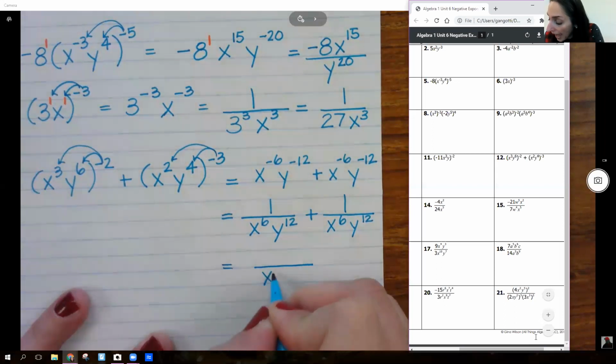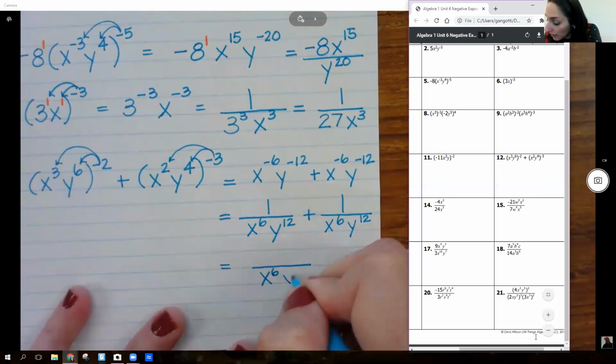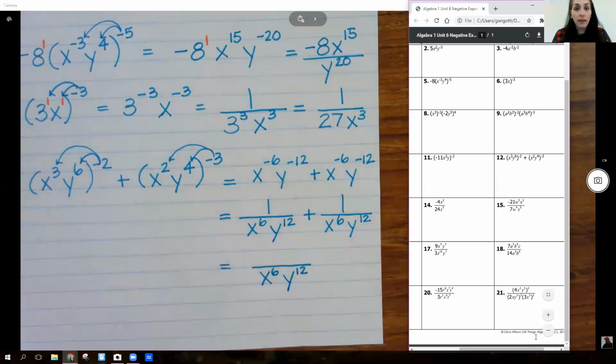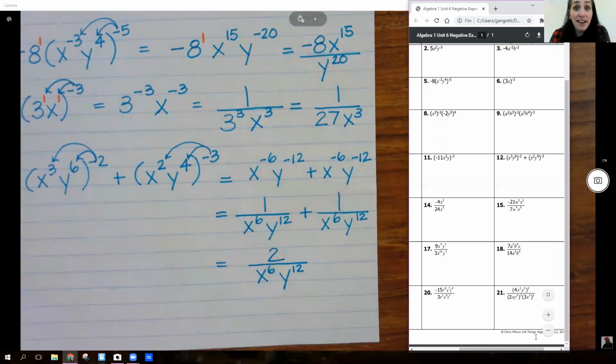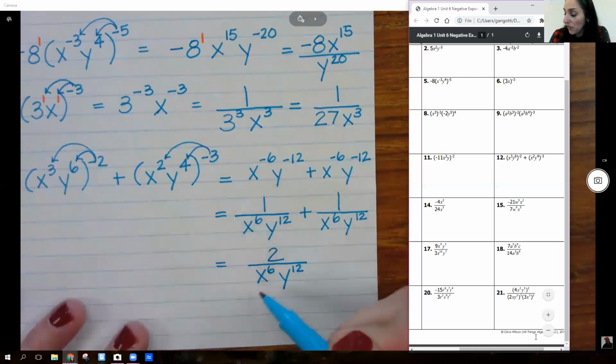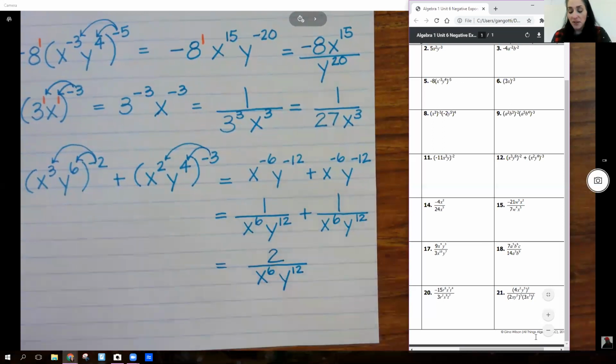You don't add or do anything with the denominator, okay? You just keep it the same, combine it down to one fraction. And then what do we do with the numerators? We add them. So 1 plus 1 is 2. So this actually combines to 2 over x to the 6th, y to the 12th.